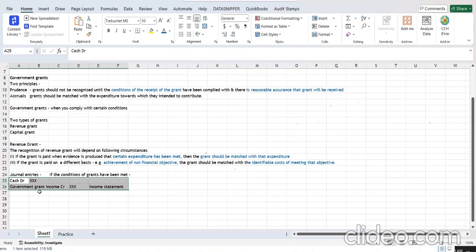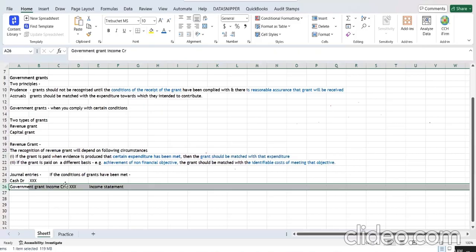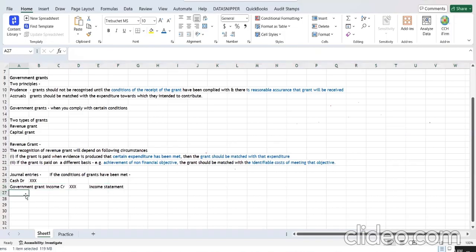So IAS 20 says that when you are receiving a government grant for which you have met certain criteria and you have incurred some sort of expenditure, you can either disclose it as an income, as a separate line item that you have received the grant income, or you can adjust it with your expense amount.